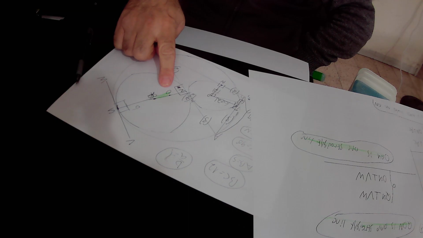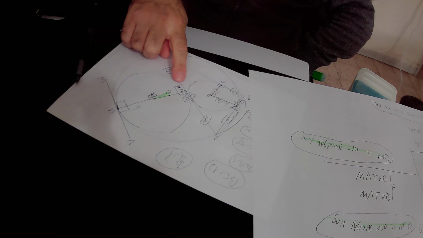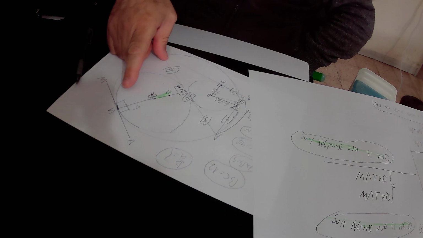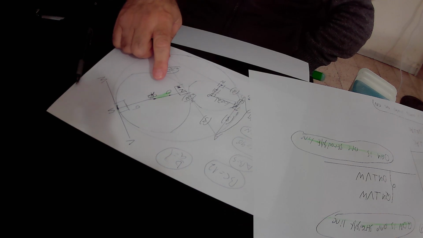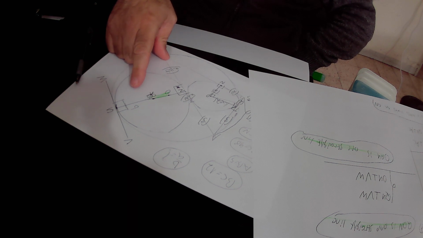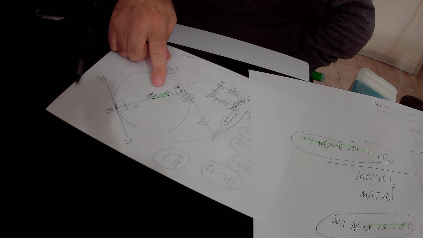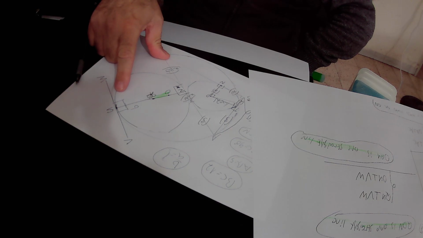Therefore, we can derive from all the things that we said here that O, N, O, Q, U is one straight line, and therefore N, Q, U is one straight line, and therefore NU is also one straight line.